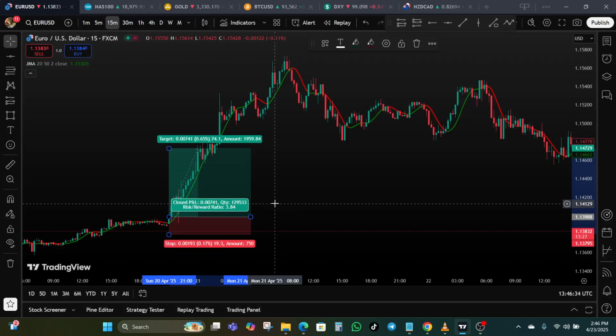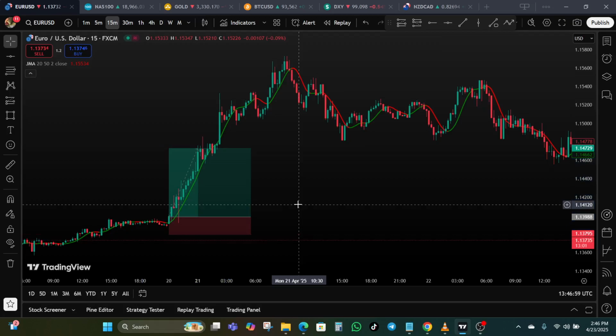And let your potential reward be at least two times your risk. So if you are risking 10 pips, your potential reward should be at least 20 pips. So you want to have a risk to reward ratio of 1 to 2 minimum. Even if you have an equal number of wins and losses, you're still going to be on the winning side.